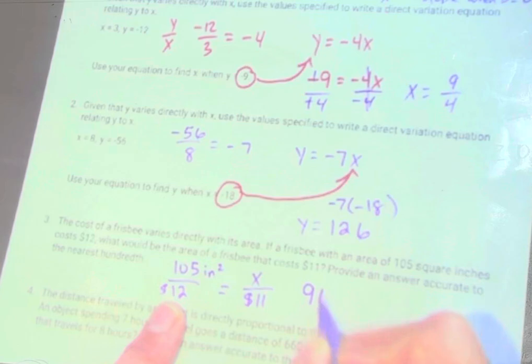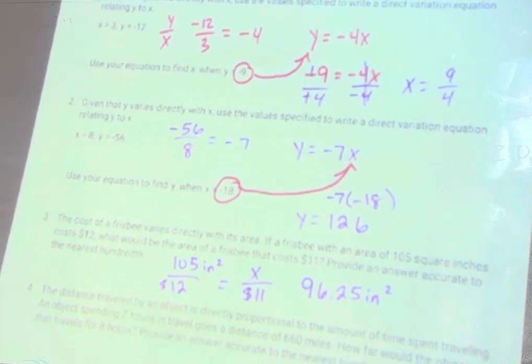So 96.25 inches squared. Cross multiply, and I had students who would multiply 105 times 12 and then divide by 12. If you end up with the same number, you're not doing anything, you're doing the same thing. So be careful with that.